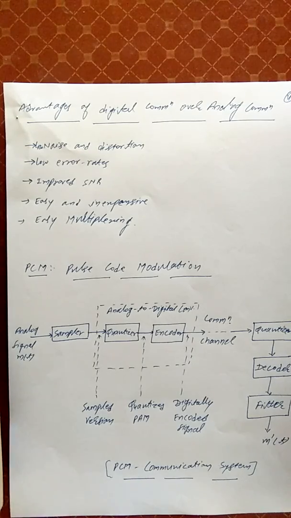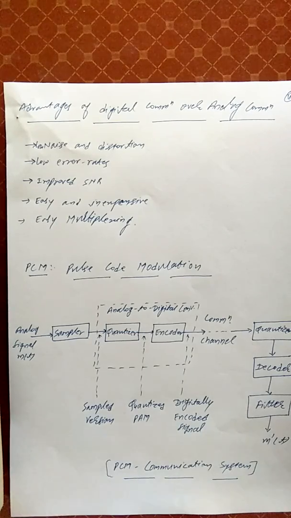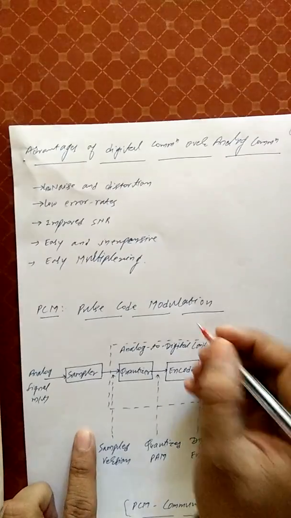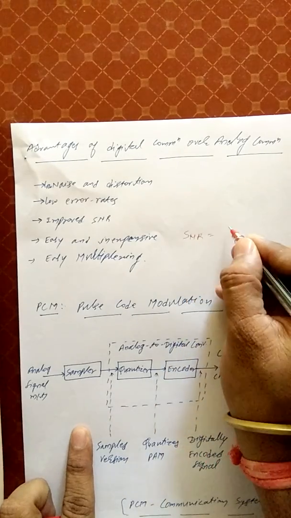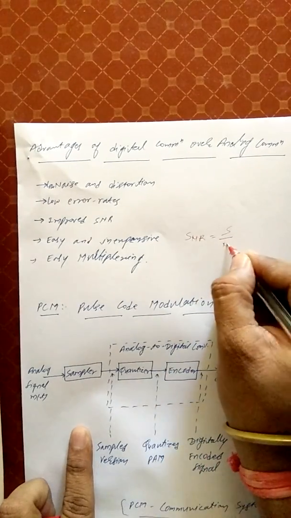The third point is that digital communication is more efficient than analog communication in realizing the exchange of SNR for bandwidth. In a digital communication system, SNR is much improved as compared to analog communication. SNR is defined as the signal to noise ratio.